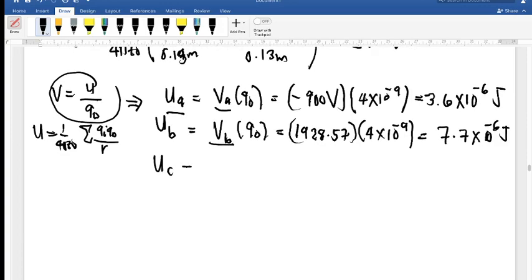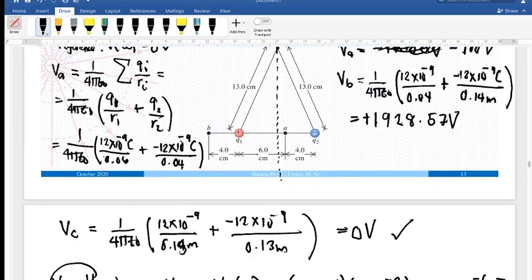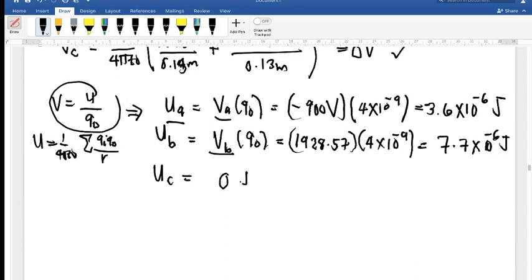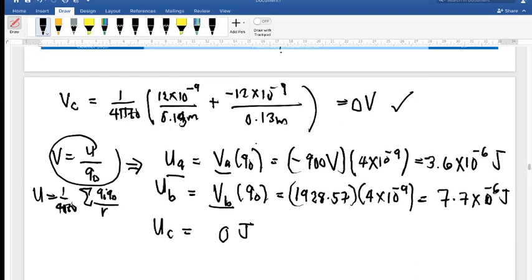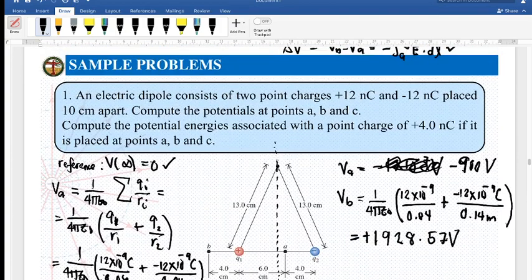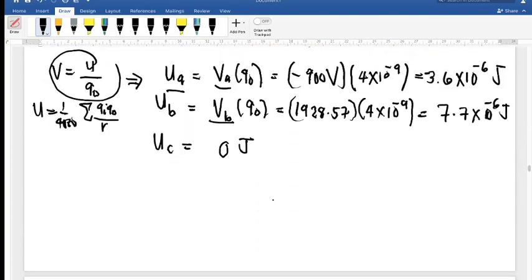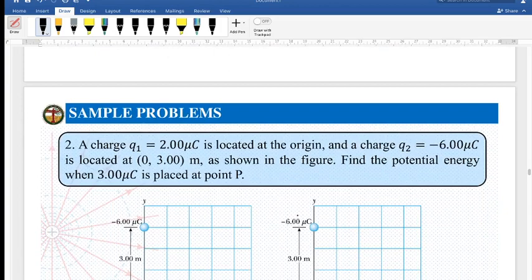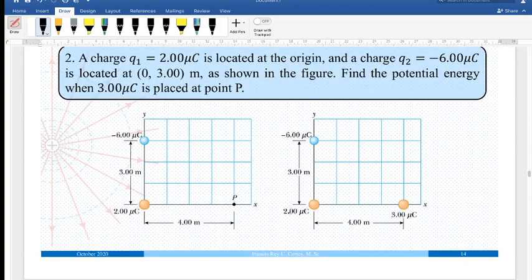So you see, potential energy at point C is equal to, of course, 0 joules. So there is no work done by the field if your charge is moving across this line exactly in the middle.